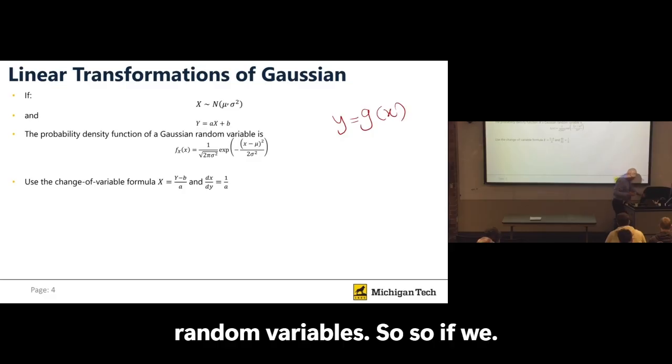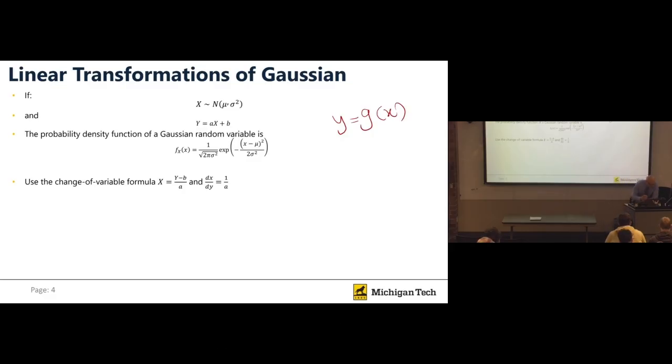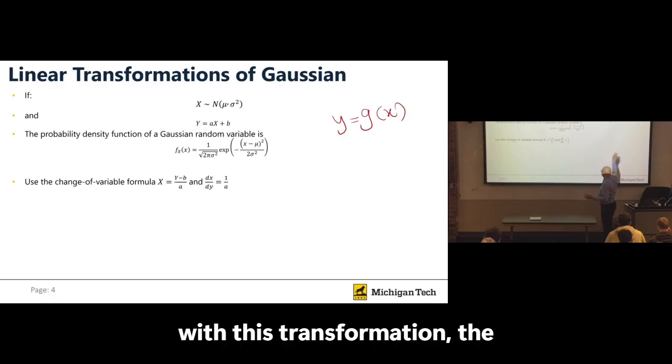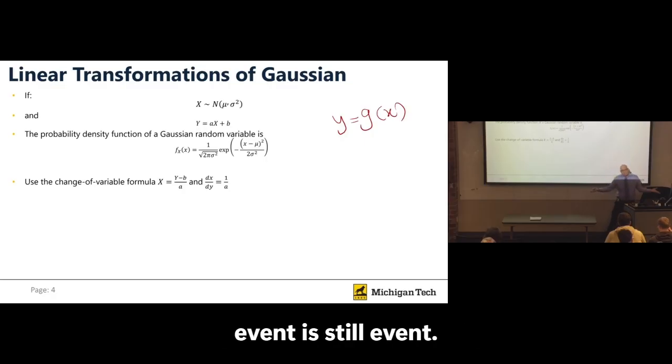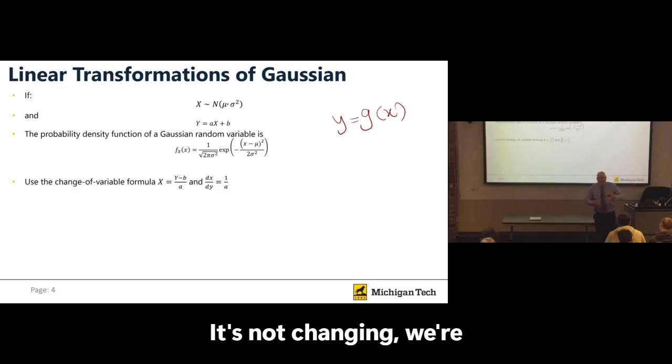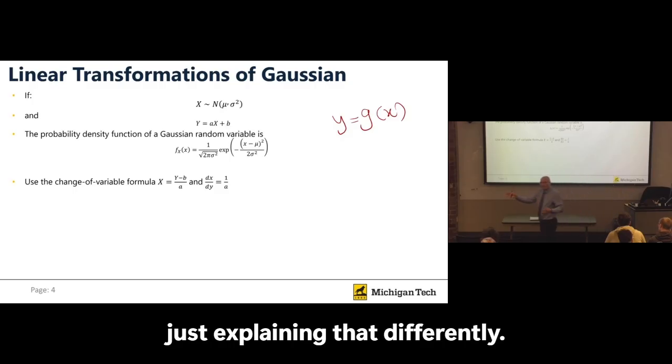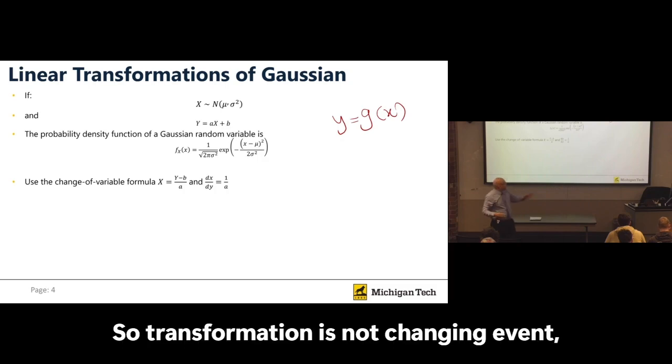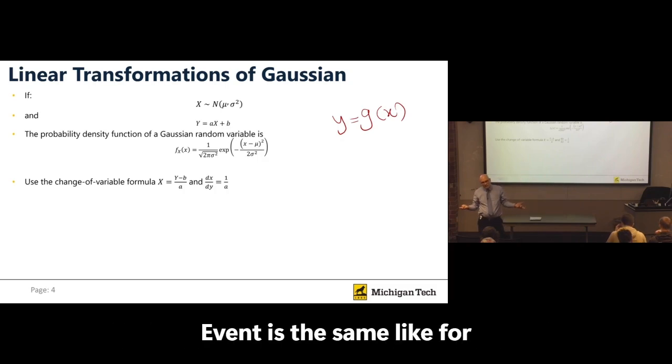So if we transfer it with this transformation, the event is still the event. It's not changing. We are just explaining it differently. So the transformation is not changing the event. The event is the same.